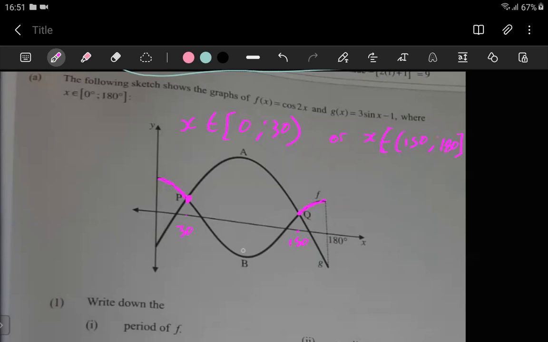See, because we can see that at 180 specifically, and at 0 specifically, the graph of f is above the graph of g. So it's only happening from 0 to 30 and from 150 to 180.